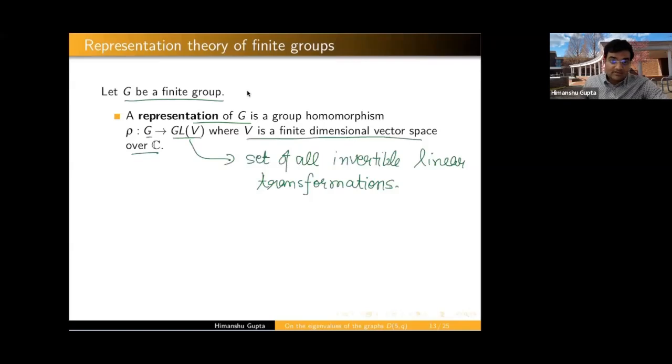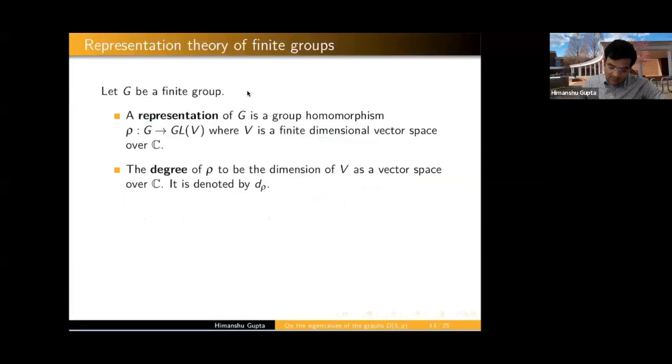Now, what's the degree of this representation? The degree of a representation is basically the dimension of this vector space over C, and it will be denoted by d sub rho.